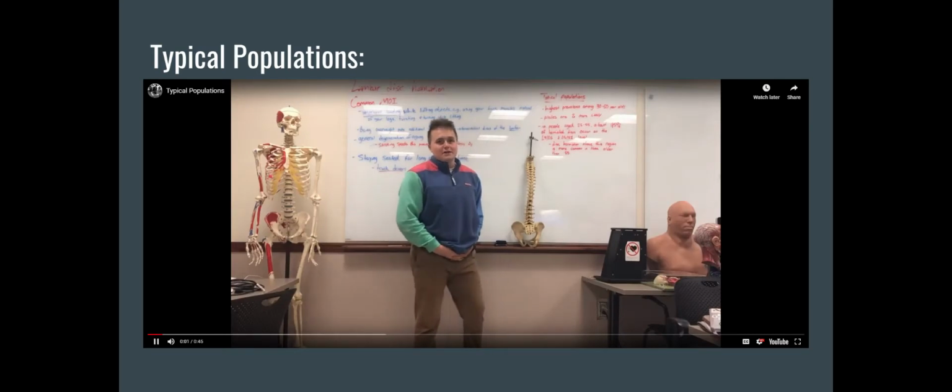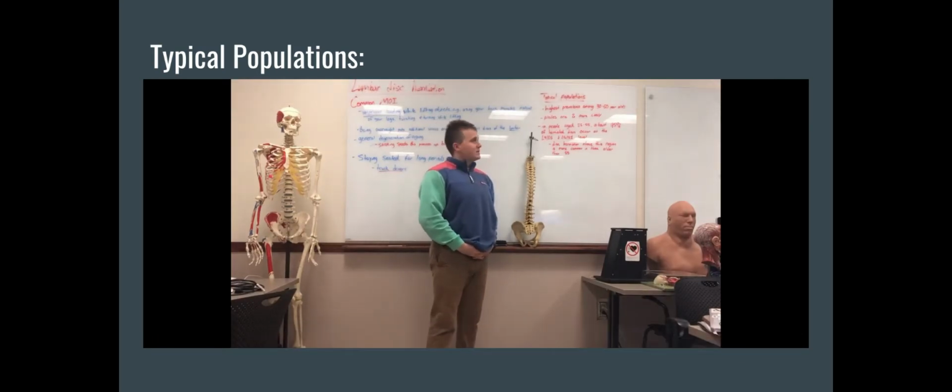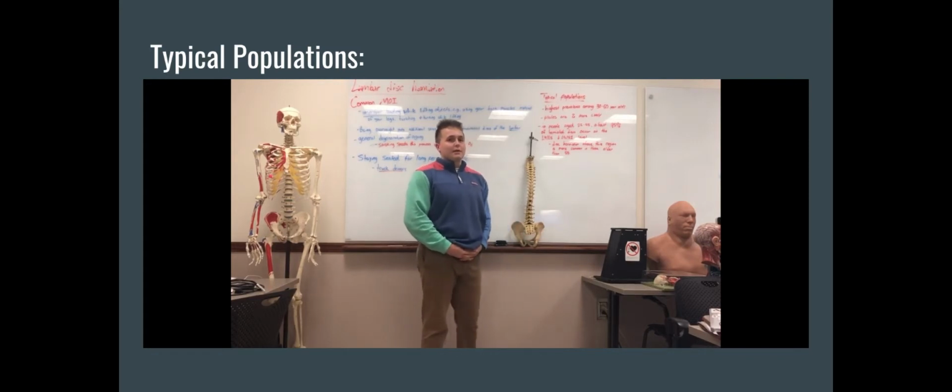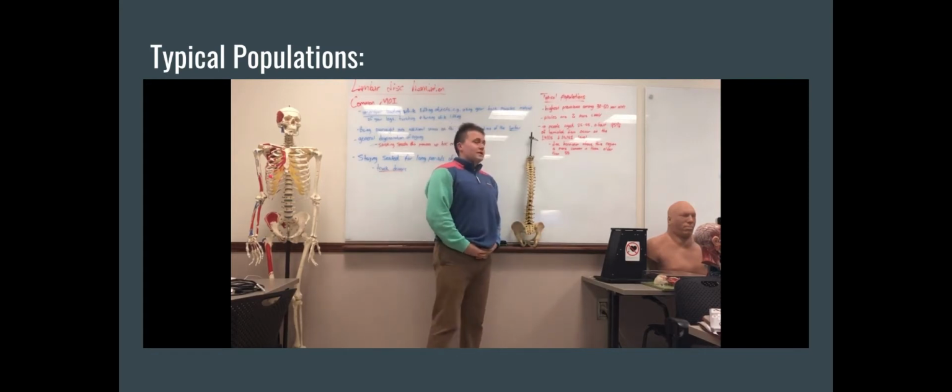Alright, so for lumbar disc herniation, in typical populations, the highest prevalence is among people aged 30 to 50 years old, and this could be due to a variety of reasons, from the degenerative process of aging to just the common activities associated with being of that age. And additionally, males are two times more likely.